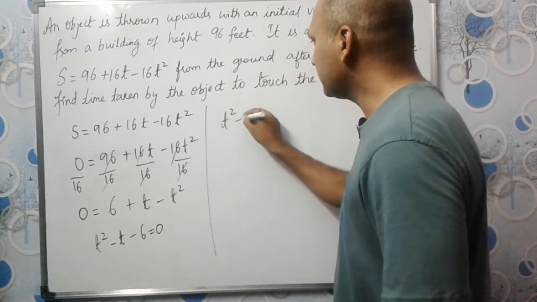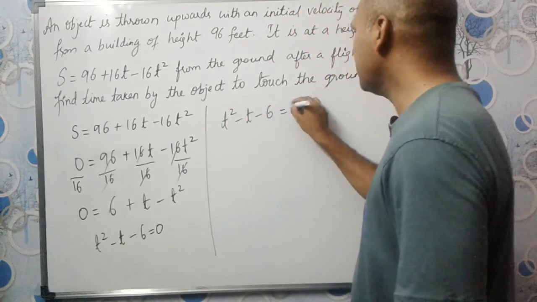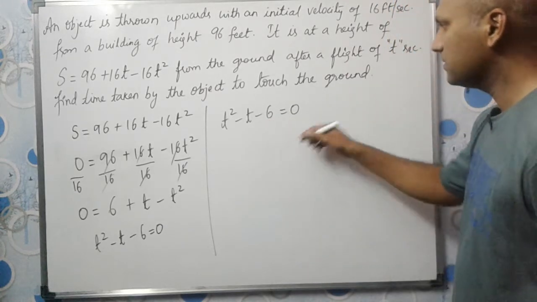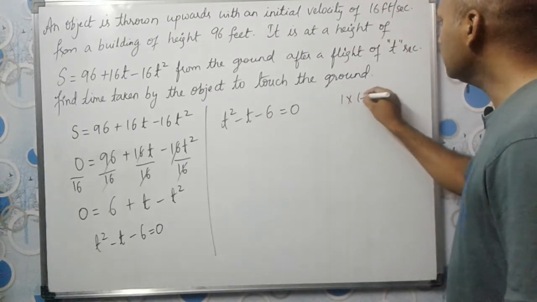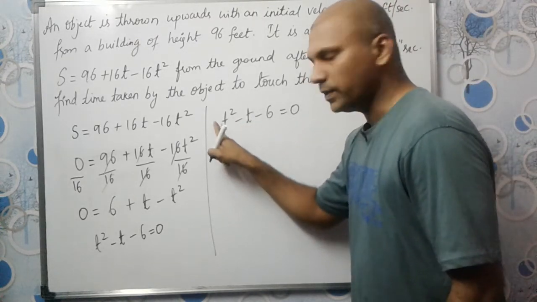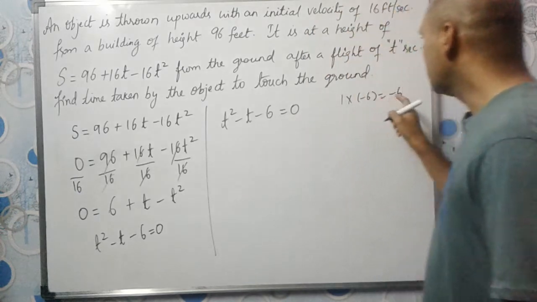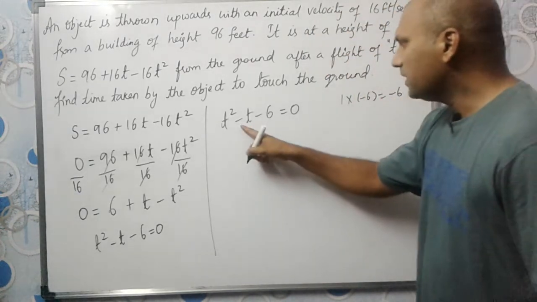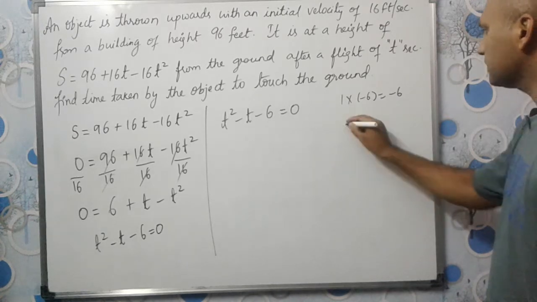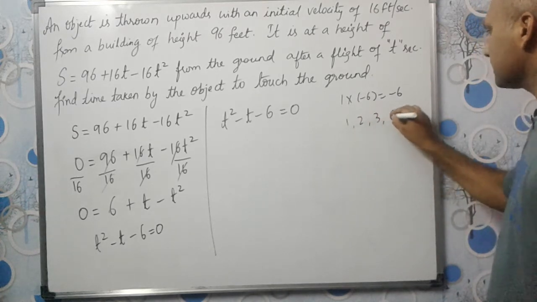Splitting the middle term or factorization method. This is the equation, right? Factors of 6. What are the factors of 6 now? 1 into minus 6 is minus 6, see. Coefficient of t square should be multiplied with the constant term. So minus 6. And the middle term should be minus 1. So the factors of 6 are 1, 2, 3 and 6.